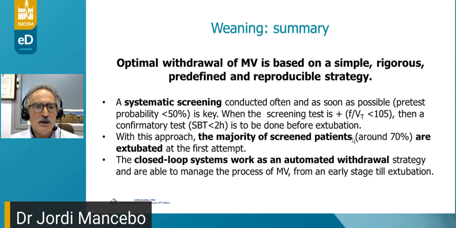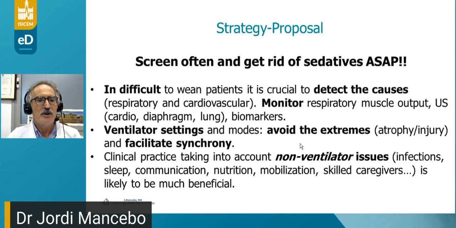And the good news is that when this approach is done systematically, the majority of the screened patients, about 70%, are extubated successfully. And to this end, the closed-loop ventilator system can manage the whole process of mechanical ventilation from an early stage until extubation.